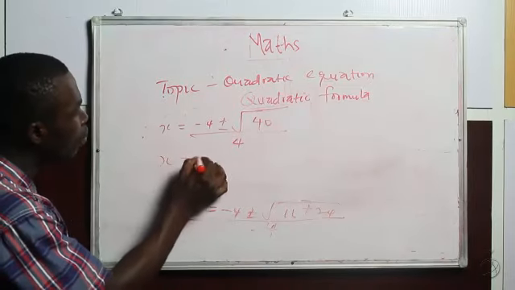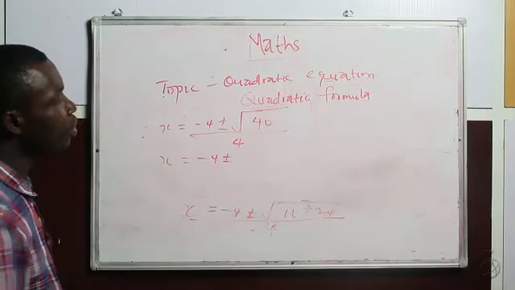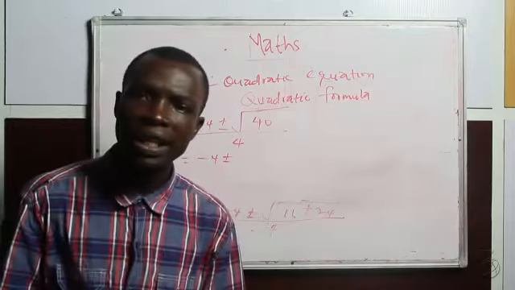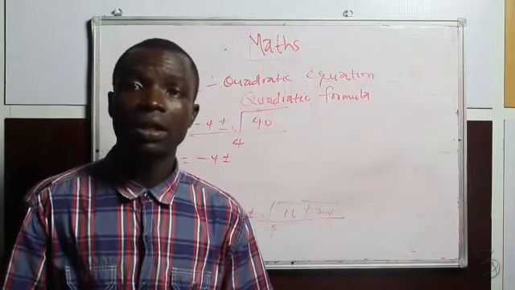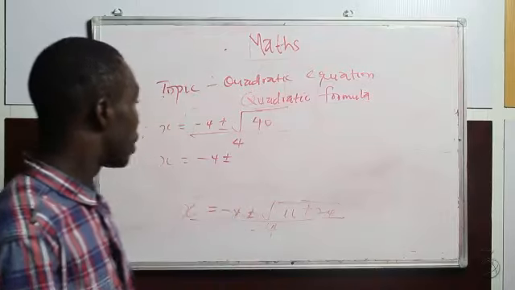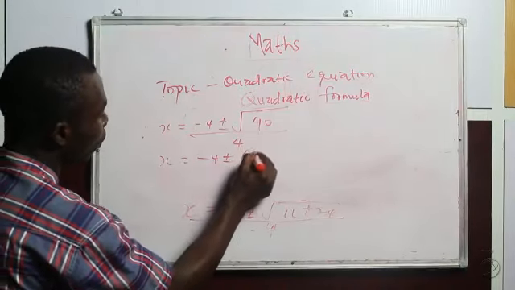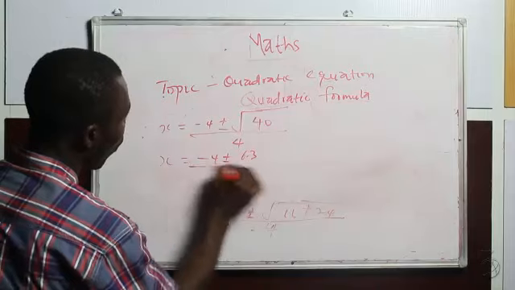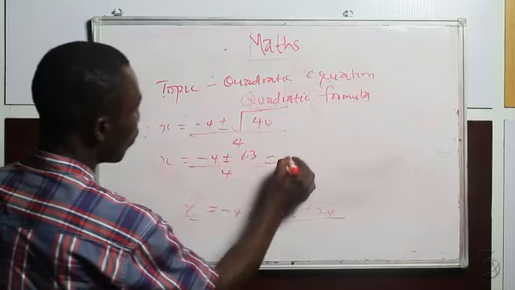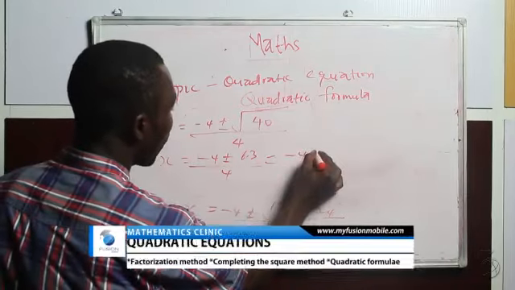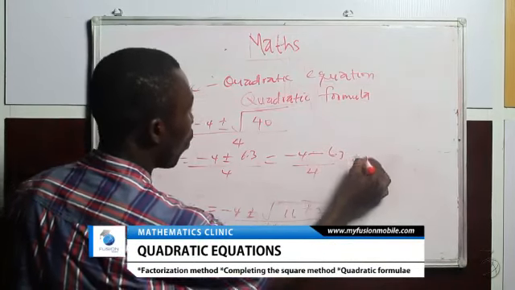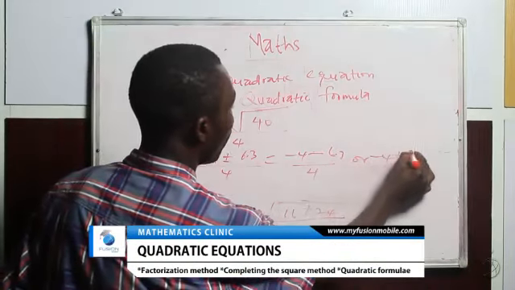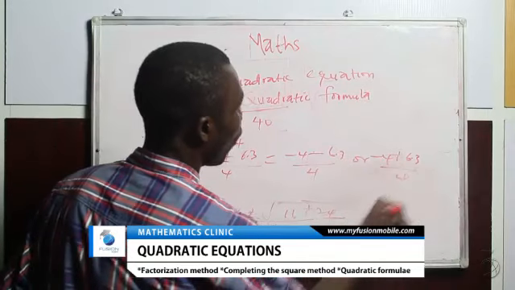x is equal to minus 4 plus or minus root 40, which is 6.3, over 4.